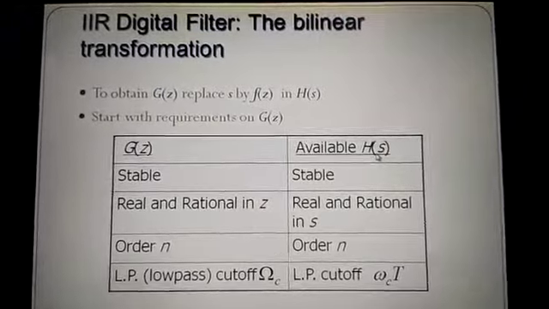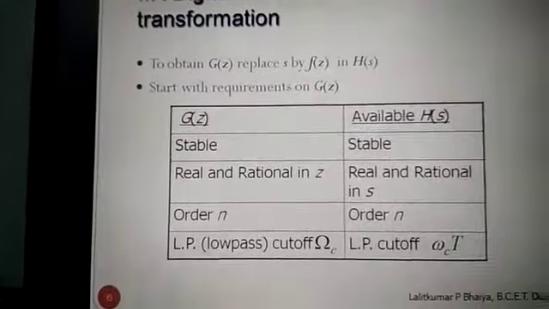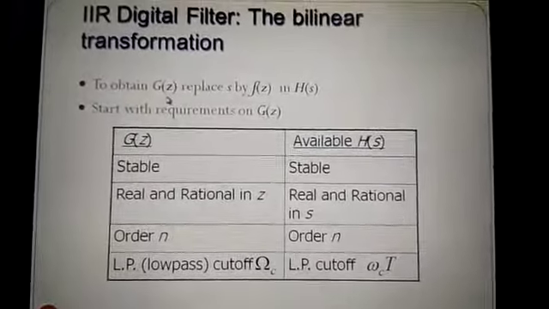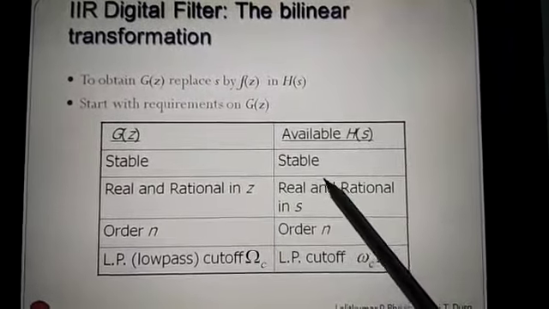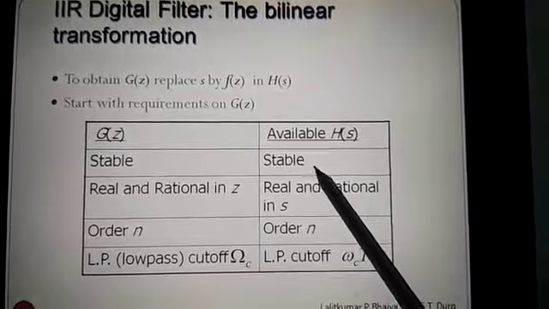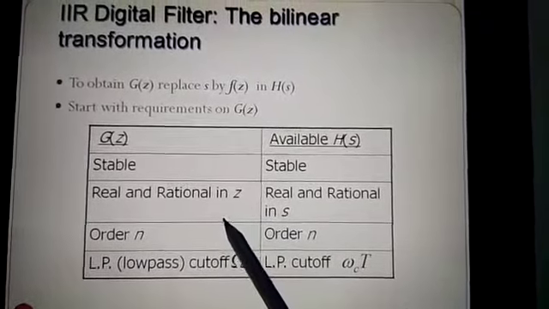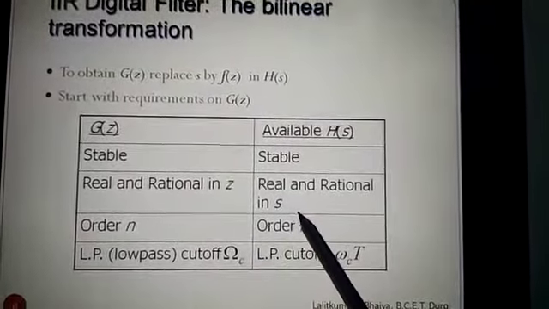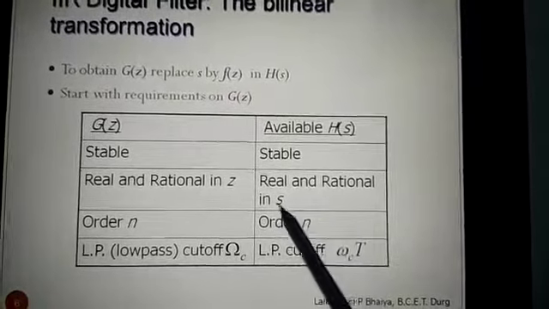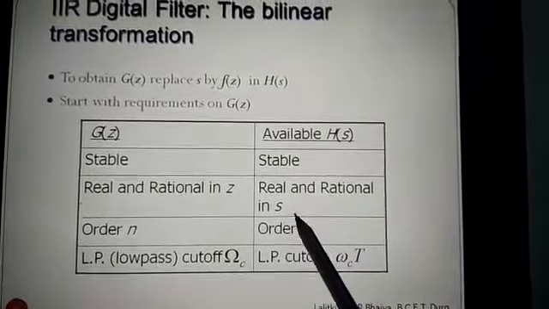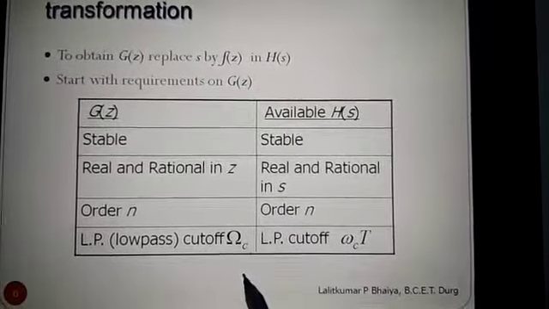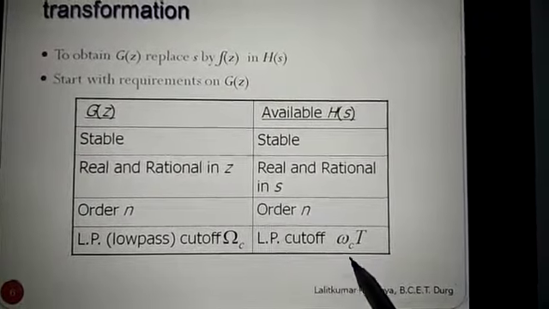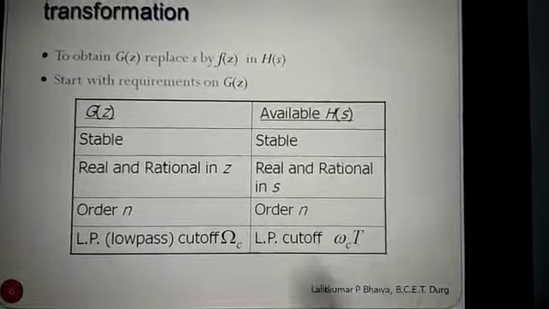The digital domain becomes stable when the analog domain is stable. Real and rational in the Z transform, real and rational in the S transform. Here order n, here is also order n. Here the low pass filter cutoff frequency is omega c, and here it is omega c into T.